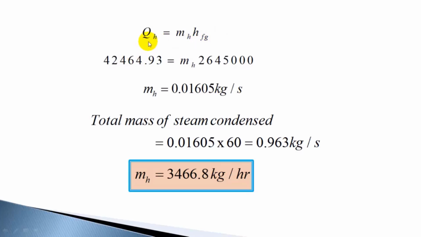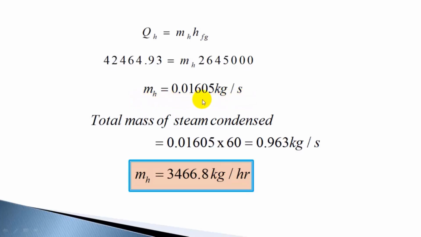QH is the heat lost by the hot fluid, which is also equal to the heat gained by the cold fluid, which you have already calculated, and you can substitute that. And hfg we have already got from the steam tables, 2645 kilojoules per kilogram, which can be converted into joules per kilogram by multiplying by 1000. Then you can find the mass flow rate of the hot fluid. The mass of steam condensed is 0.01605 kilogram per second.